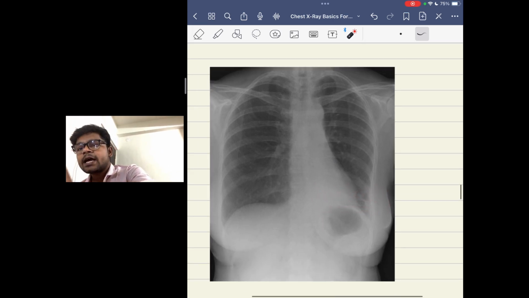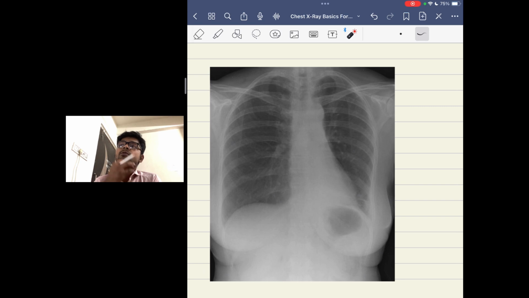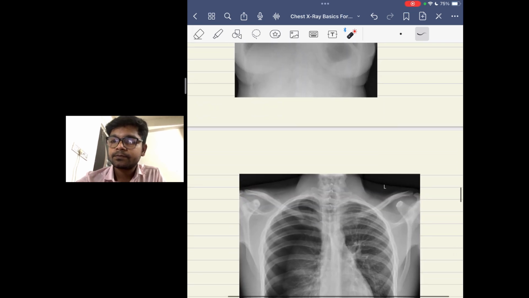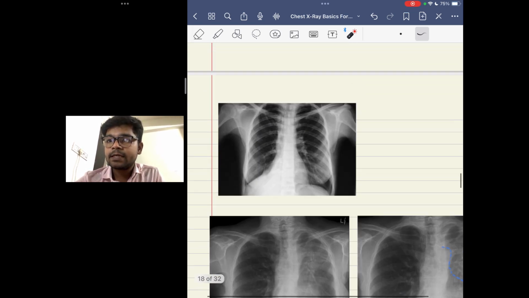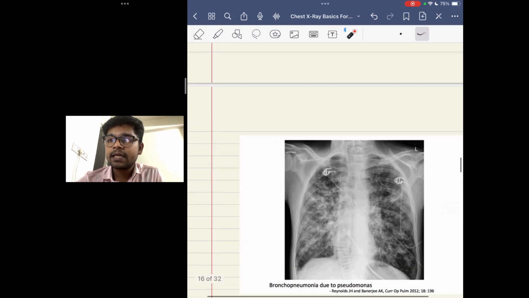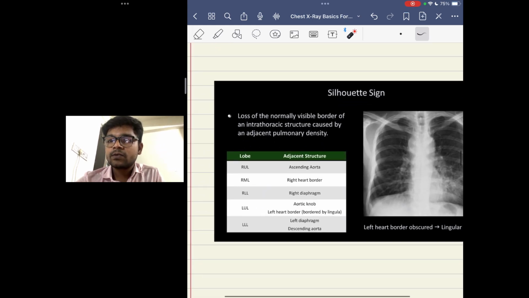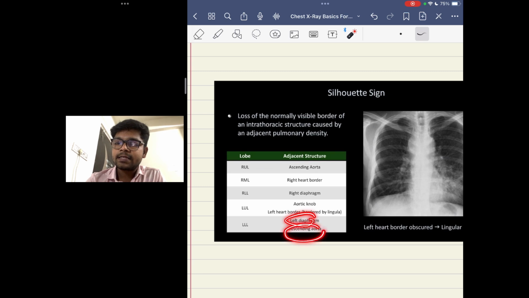Every time you diagnose a patient with collapse or consolidation, you are going to exploit the silhouette sign. So let us see the silhouette sign once again for revision. If the left diaphragm and descending aorta are obscured, the pathology is in the left lower lobe.